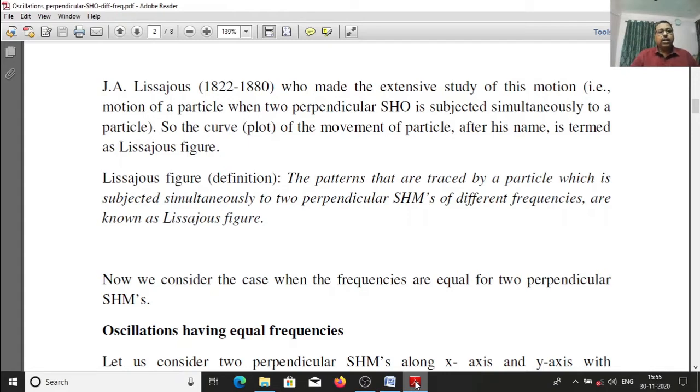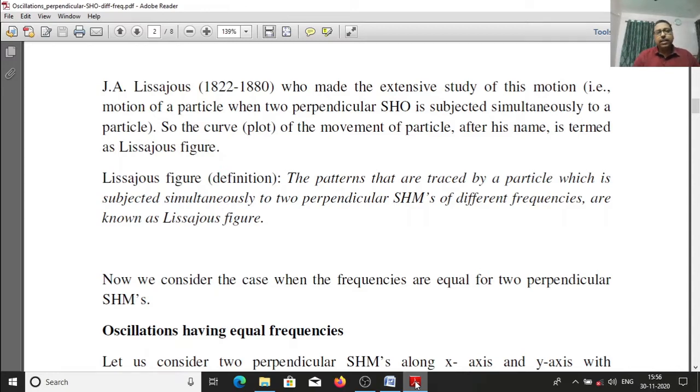So by definition, the Lissajous figure is the pattern traced by a particle which is subjected simultaneously to two perpendicular simple harmonic motions of different frequencies.